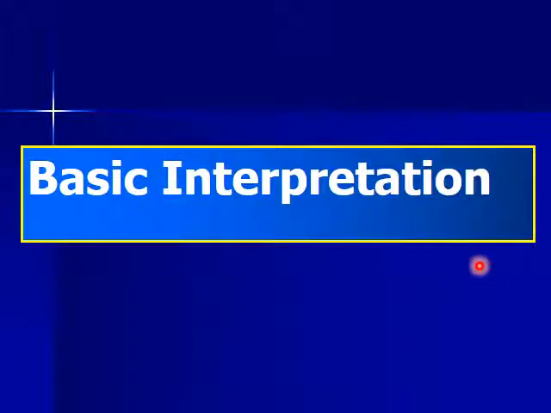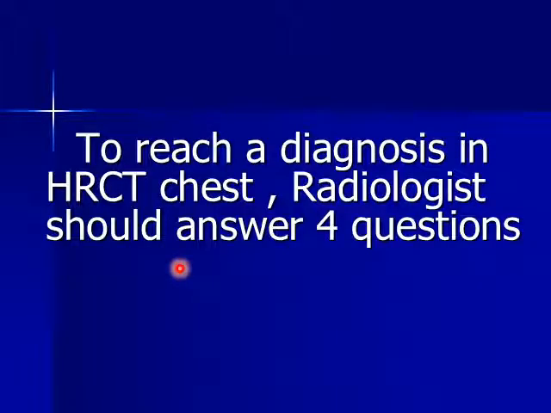Let's go to the last part of our lecture, basic interpretation. You have to reach a diagnosis, or at least to reach a narrow list of differential diagnoses. So you should answer 4 questions while analyzing the high resolution CT.